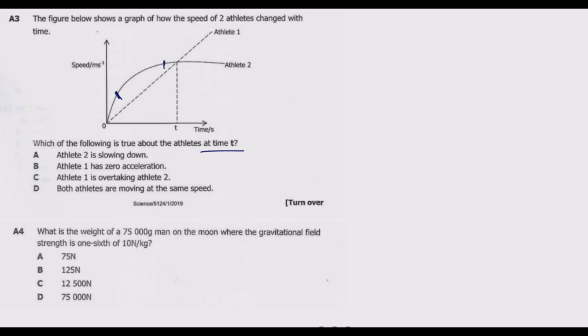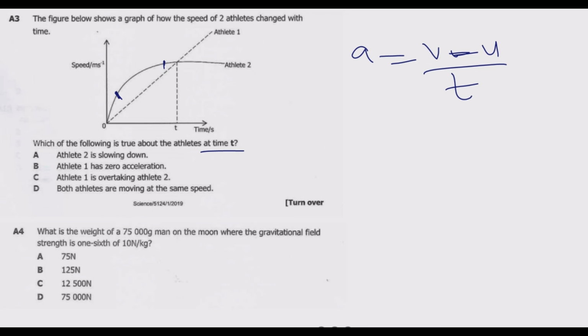Remember, acceleration is the change in velocity over time, the rate of change in velocity per time. What you notice here is the speed is changing, so velocity is not constant. What is constant is the rate of change of velocity per time, which is acceleration. So acceleration is constant, so B is incorrect.